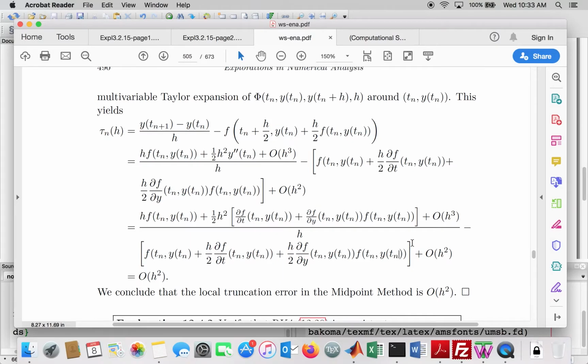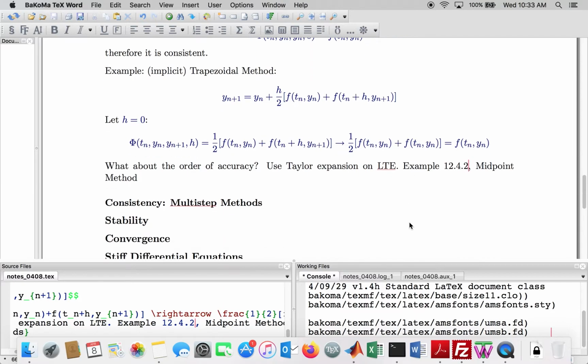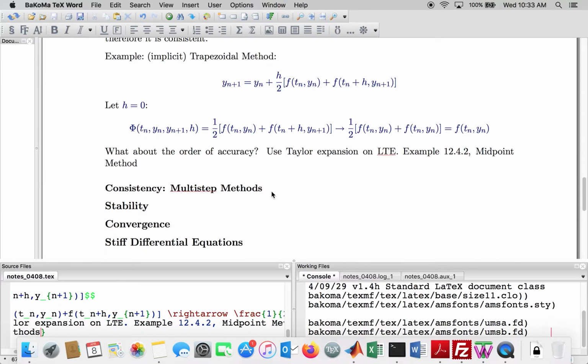Okay. All right. So that's how we show a one-step method is consistent. Okay. All right. So now, what about a multi-step method?